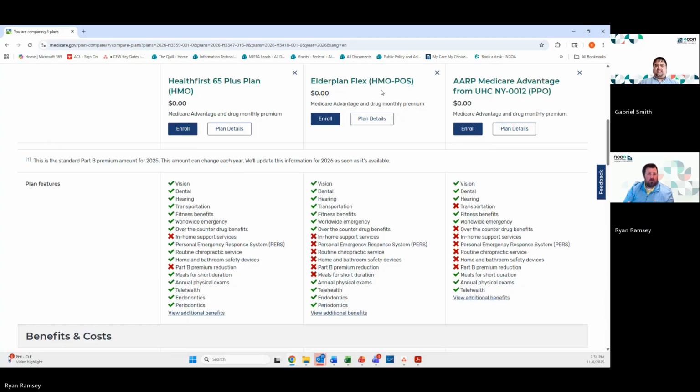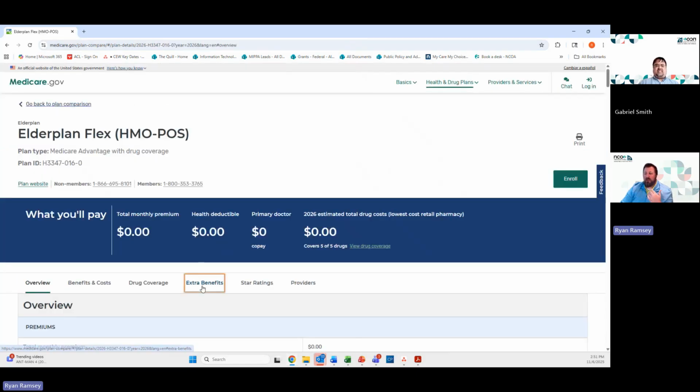So he prioritized his doctors being in network. He would need to just take this before enrolling and call his doctor and say, do you accept Elder Plan Flex? Or call that non-member number and say, is my doctor within your network, to Elder Plan specifically? And that it includes one of those prioritized benefits. It includes all of those. So I would say, if he was going to call Elder Plan and ask, is my doctor within network, I'd call, and while I'm doing that, also ask for specifics on some of these extra benefits.